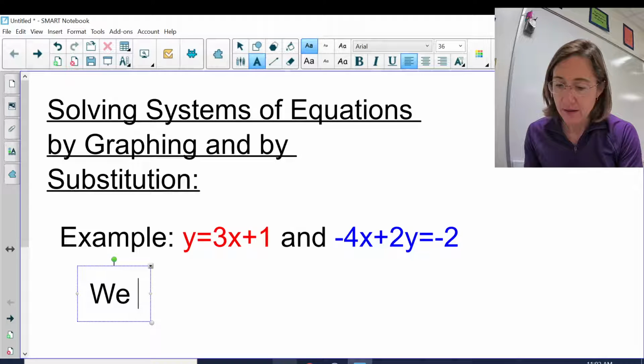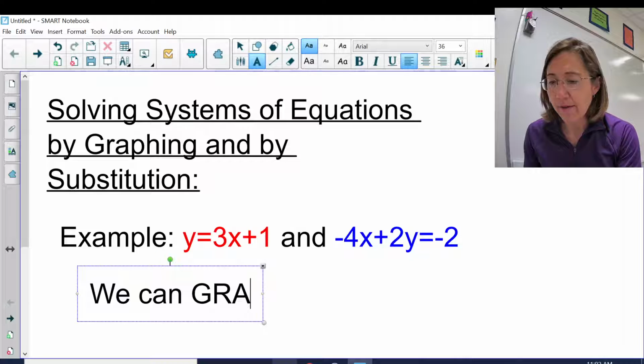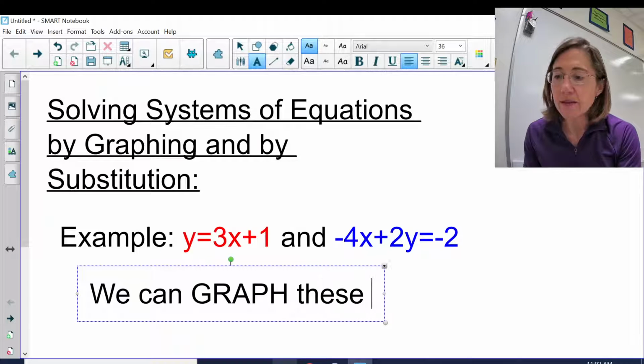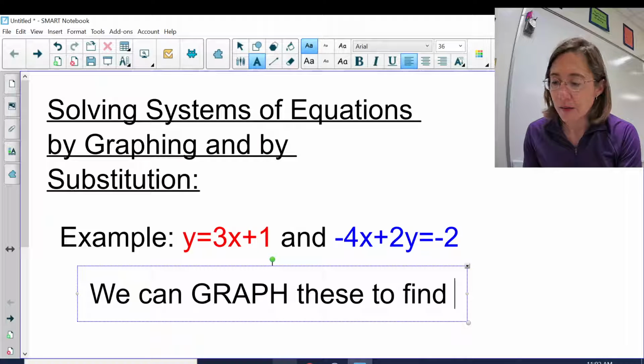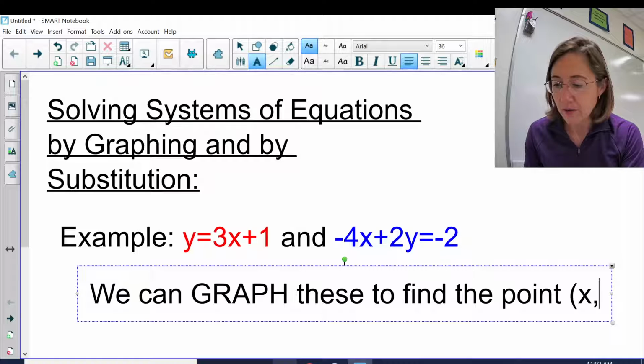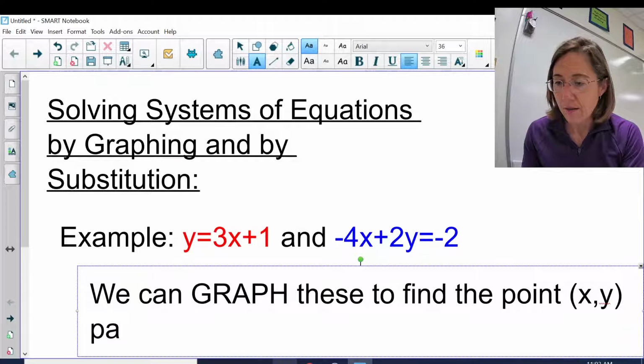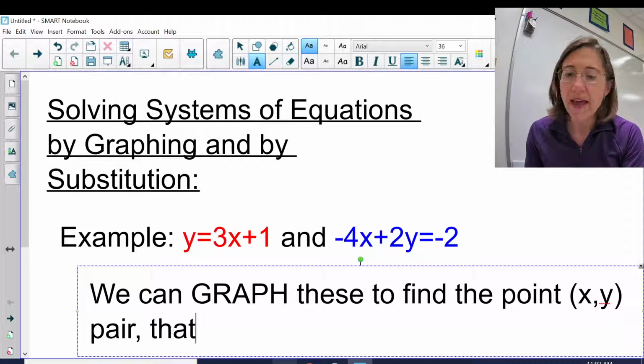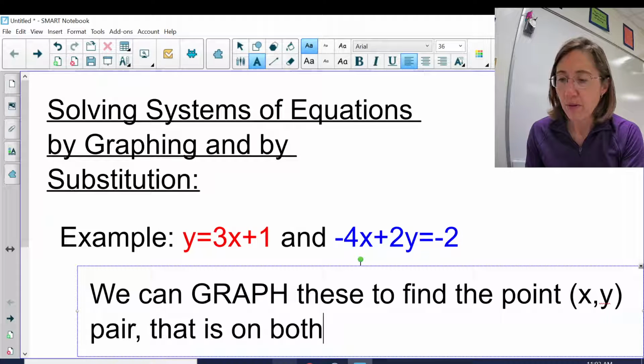We can graph these to find the x, y pair that is on both lines.